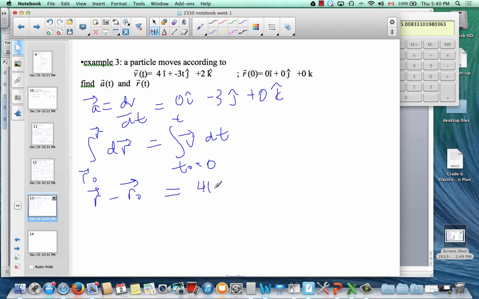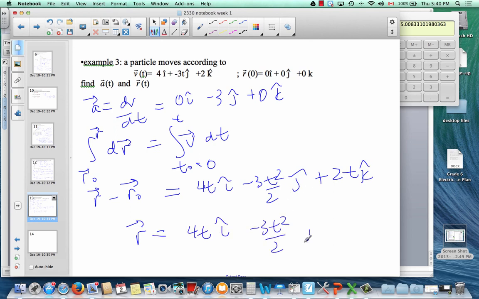That's going to give you 4t i minus 3t squared over 2 j plus 2t in the k direction. And because r naught's the 0 vector, you just end up with exactly this term here as your position as a function of time. Okay, so this once again is just time-dependent, three-dimensional Cartesian kinematics.